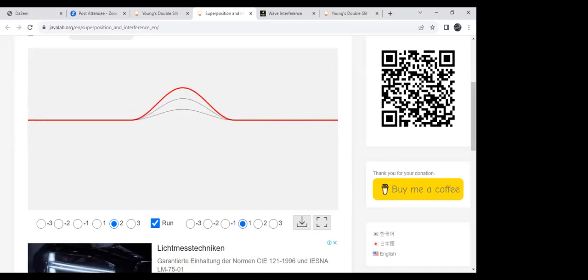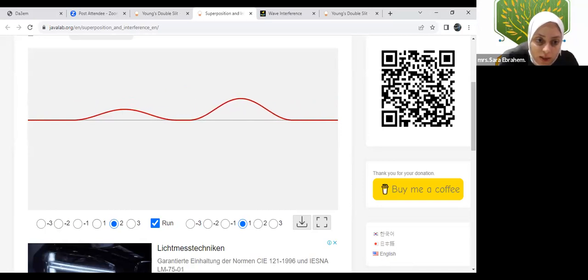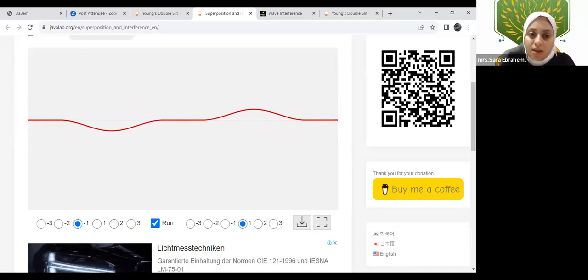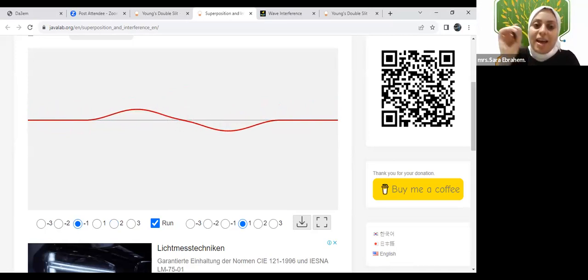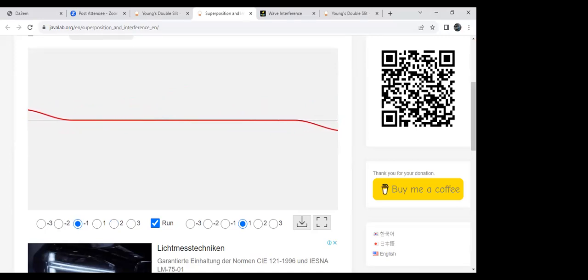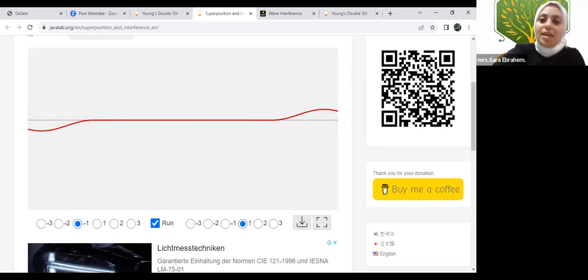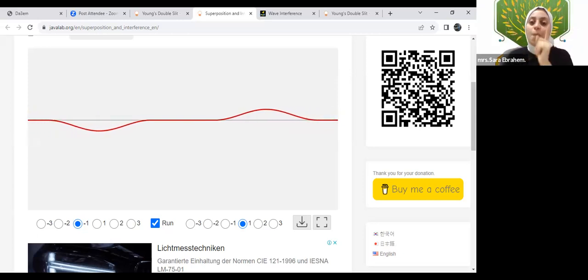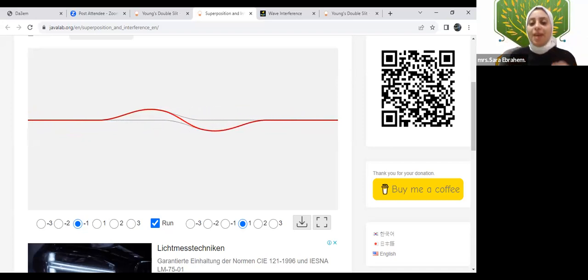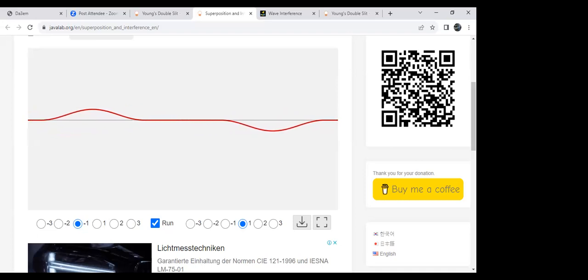Look, when crest meets trough, what happened? They cancel each other, so the line becomes straight at that moment, which gives a dark fringe.